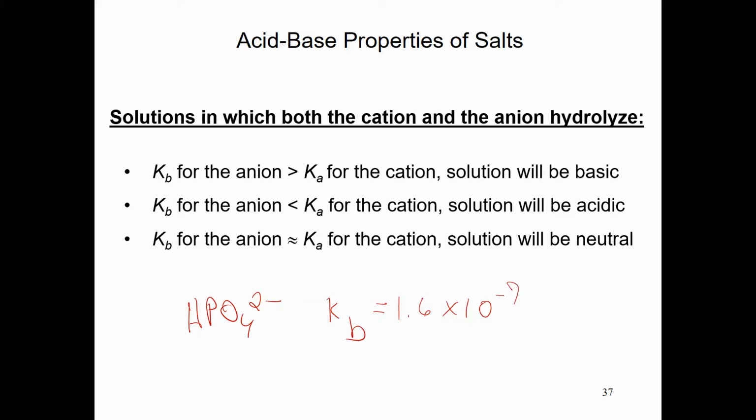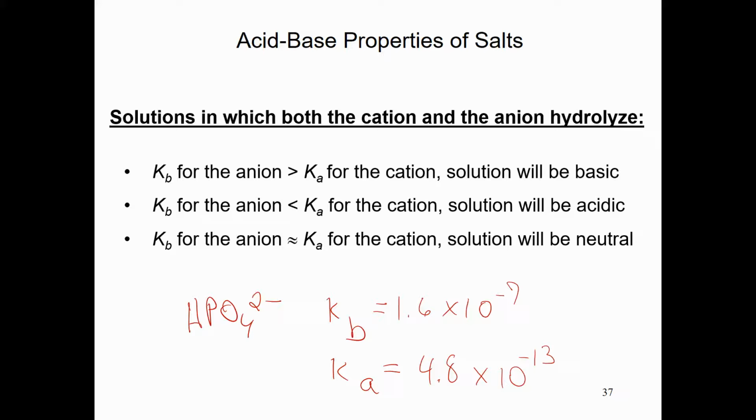Whereas the Ka for this same thing is 4.8 times 10 to the negative 13. So if your Kb is greater than your Ka, the solution will be basic.